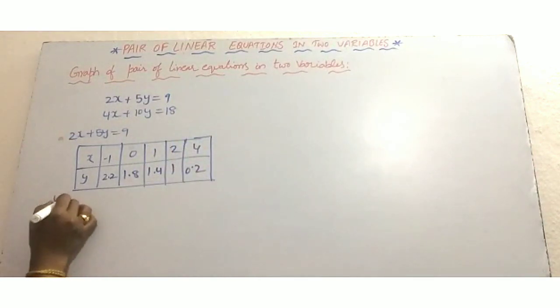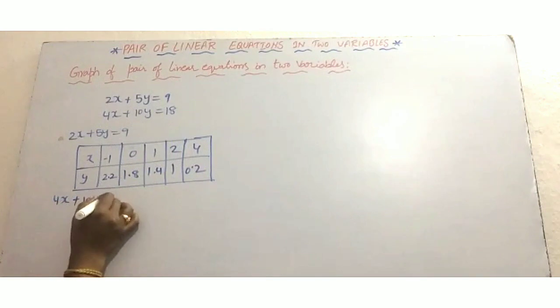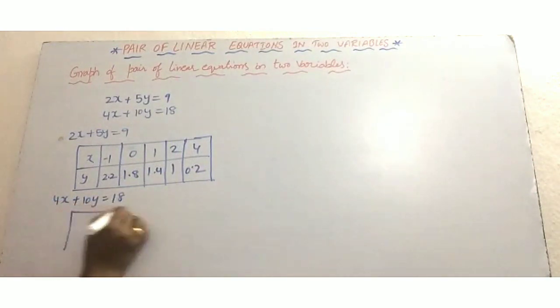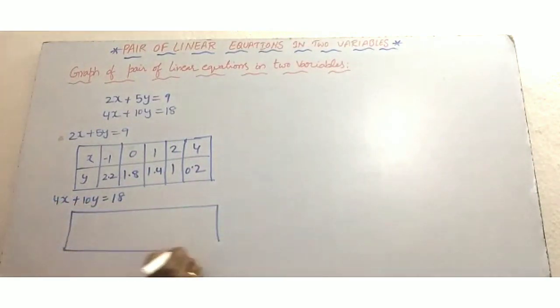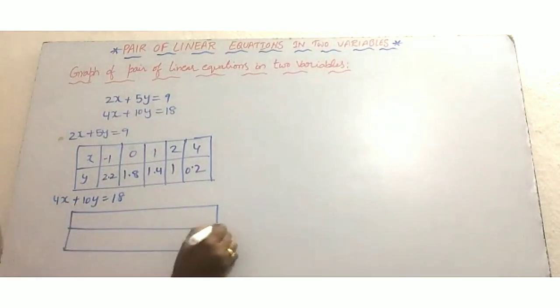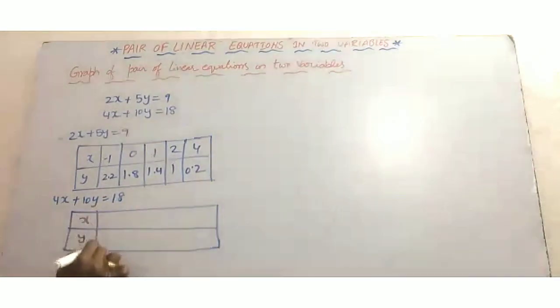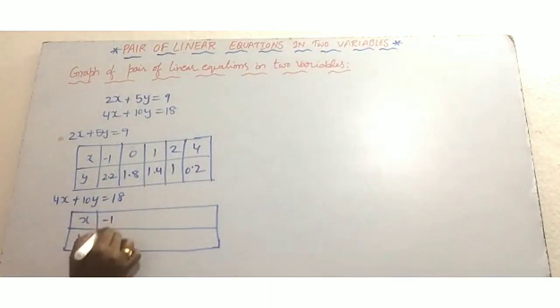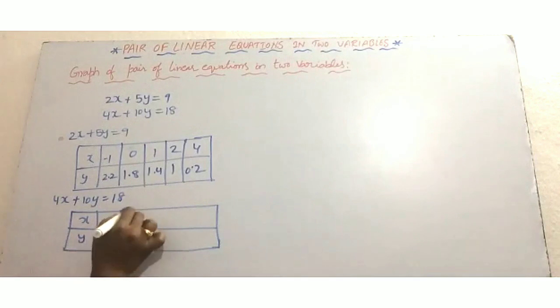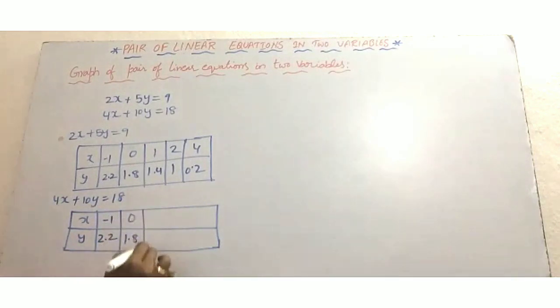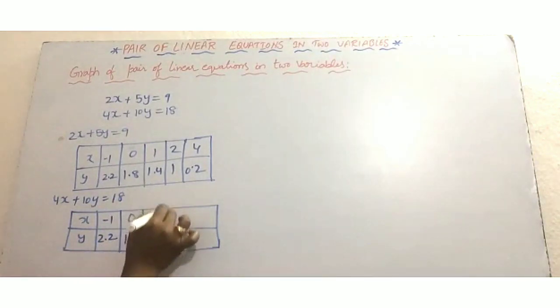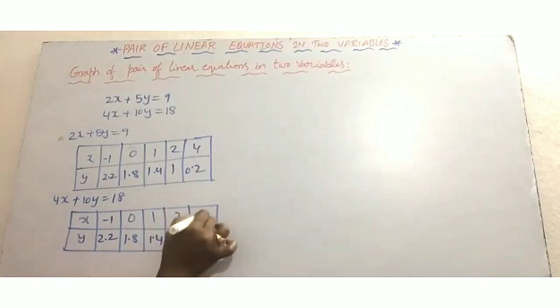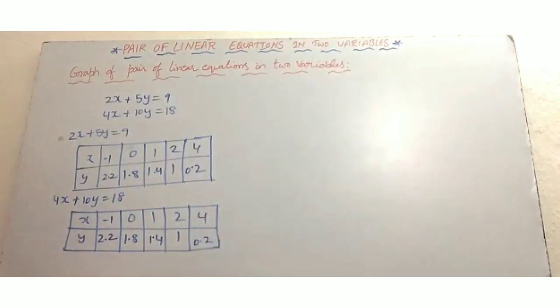And for the second linear equation, 4x plus 10y is equal to 18, for x, I take the same values. Minus 1, we will get 2.2, and 0 we will get 1.8, and here 1, 1.4, 2, 1, 4, 0.2.